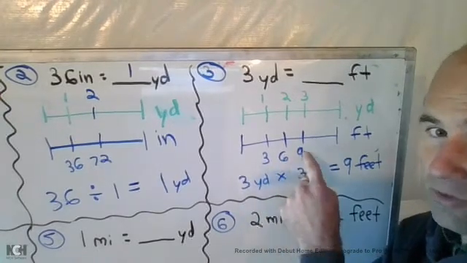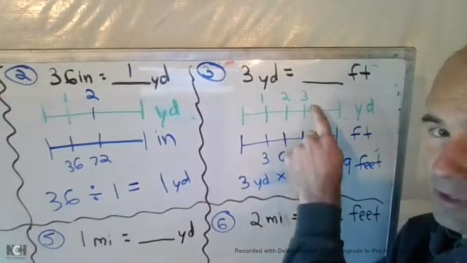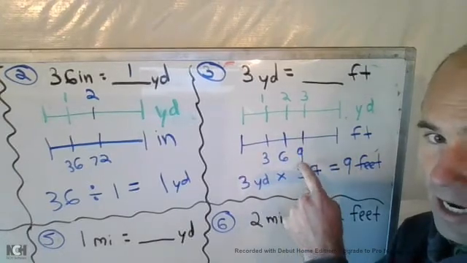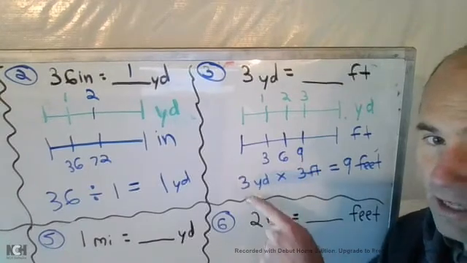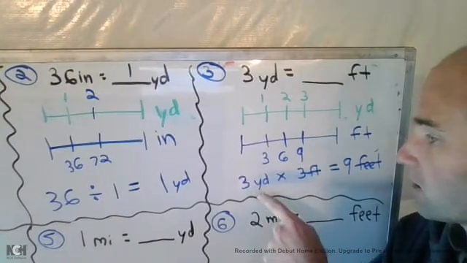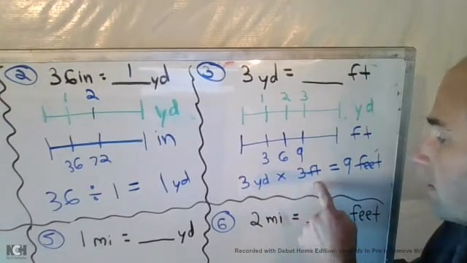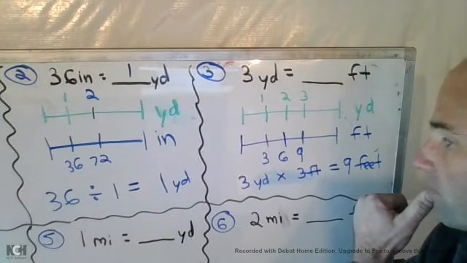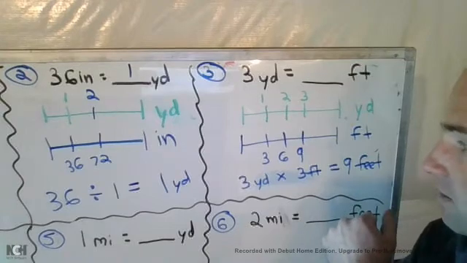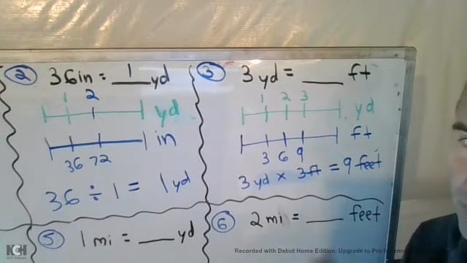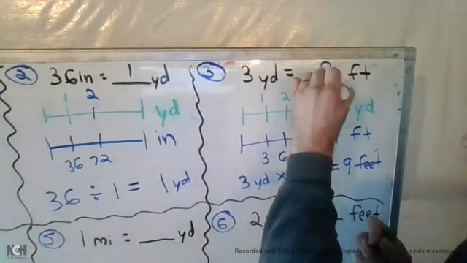So I counted by threes until I got up to 3 yards, and I realized it was 9 feet. To write the expression, it would be 3 yards times 3 feet equals 9 feet. So 9 feet being my answer.